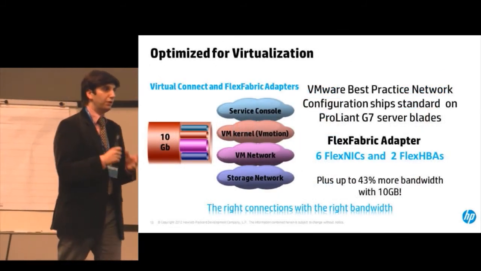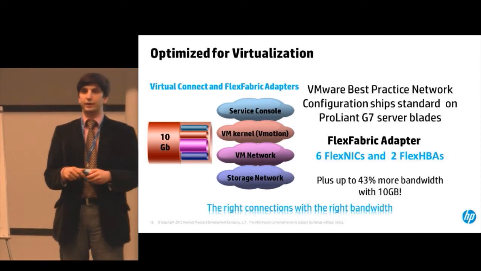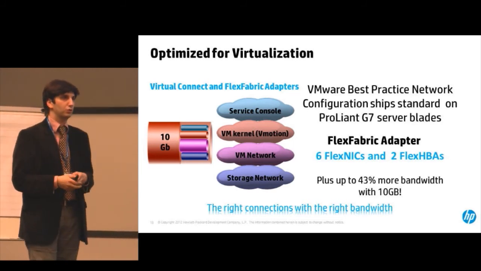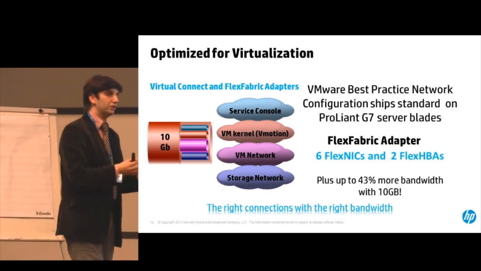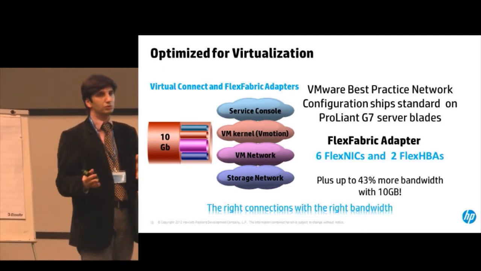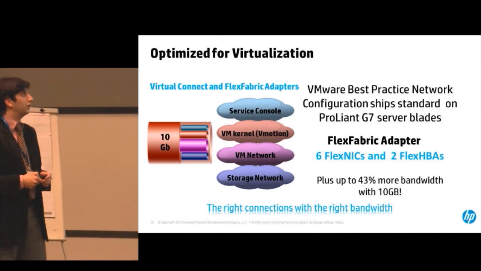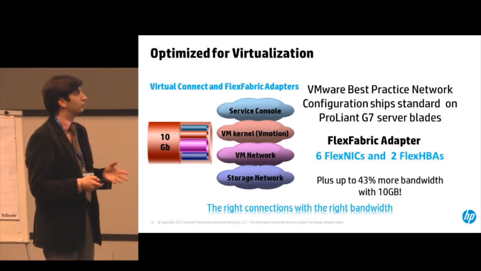Which gives us quite a nice configuration when we're talking about the VMware recommendations about how the network configuration for the standard hypervisor host should look like. Because the best practice we are used to is having 6 LAN interfaces and 2 storage interfaces. That is actually what we can provide with just standard integrated ports and the 2 Virtual Connect modules.